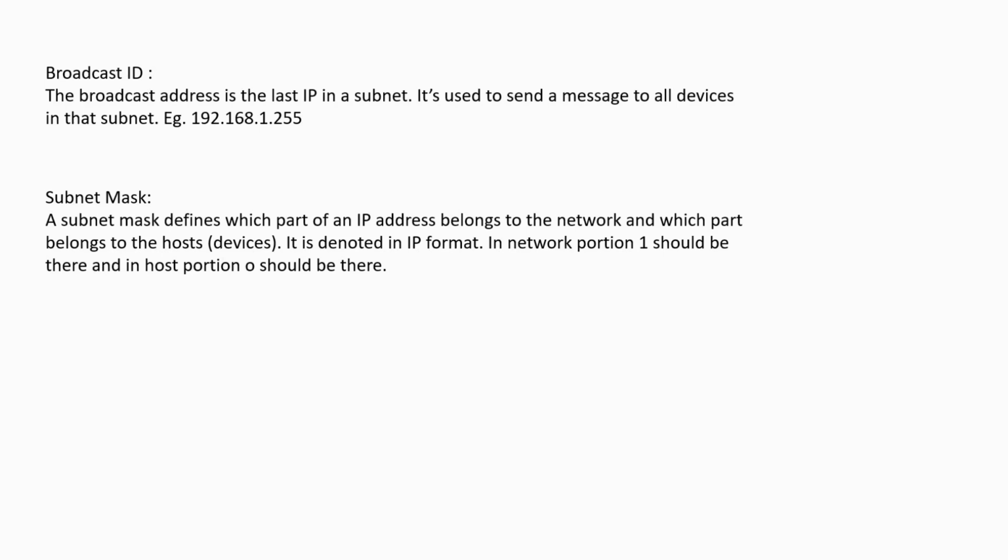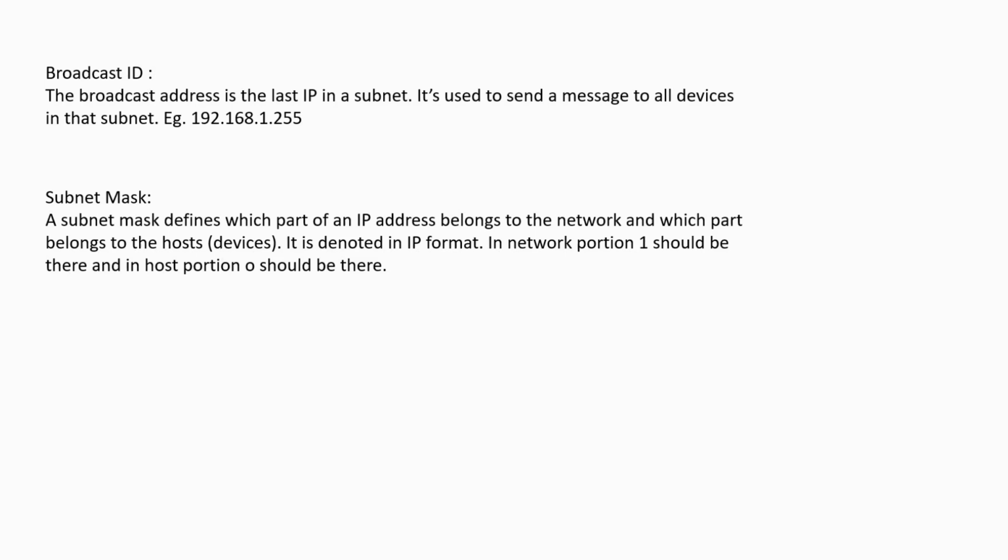The broadcast address is used to send a message to all devices in that subnet. This also we can't assign to a computer, and the host portion should be 1.